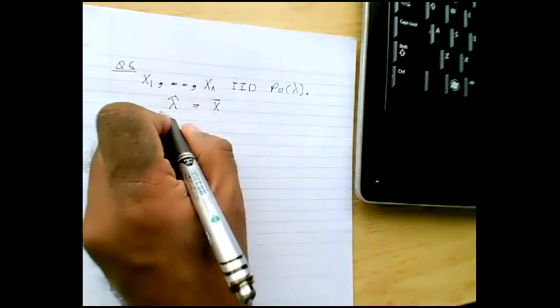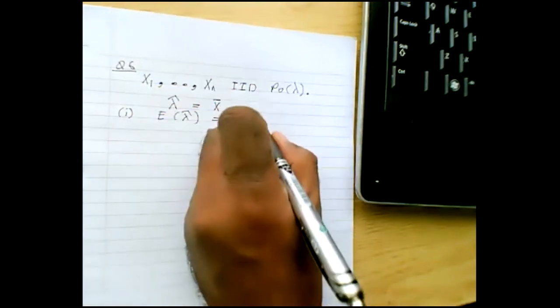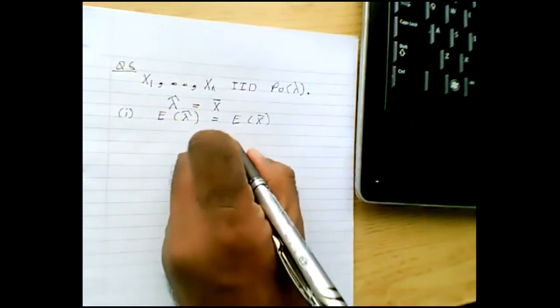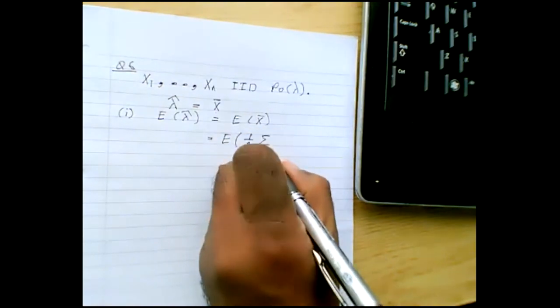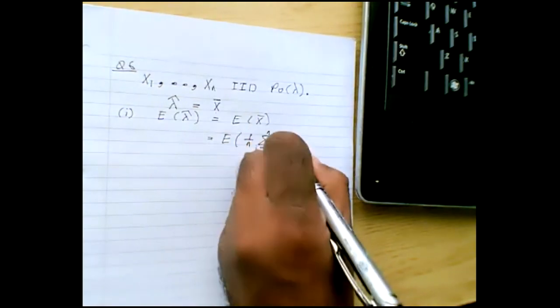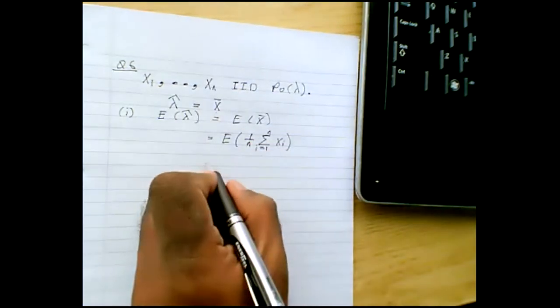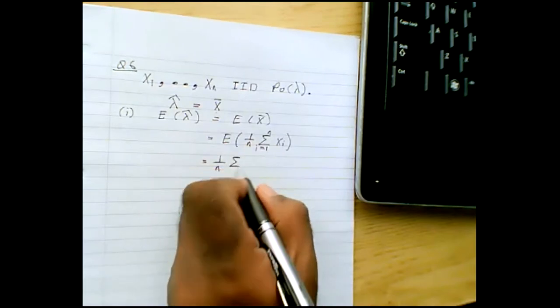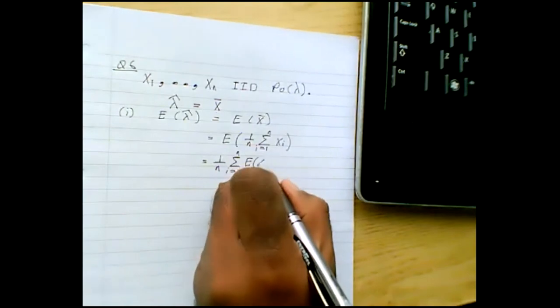So the mean is this, and you can write this as, taking the expectation inside, 1 over n times the sum of the expectation of xi.